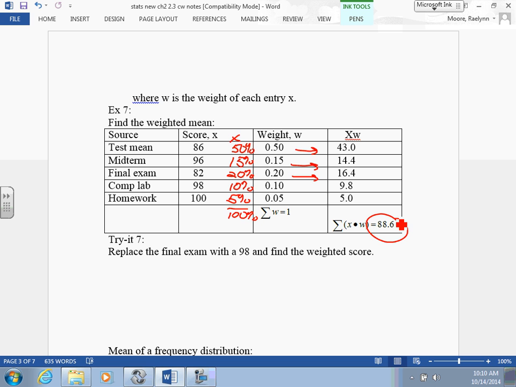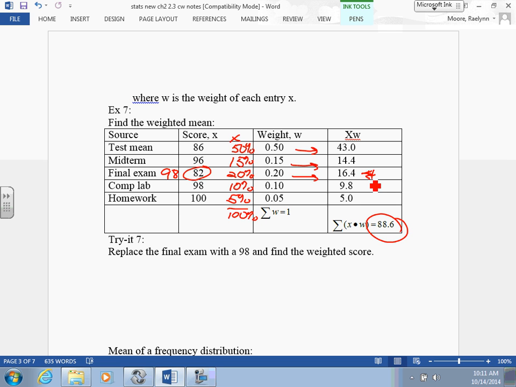Now, if you replace your final exam, this 80 with a 98, which category is going to change? Just the final exam. We're going to multiply this guy by 2. So if I multiply this by 2, I get 19.6.